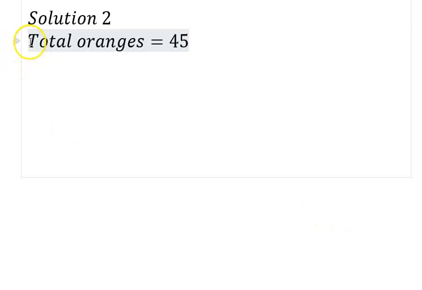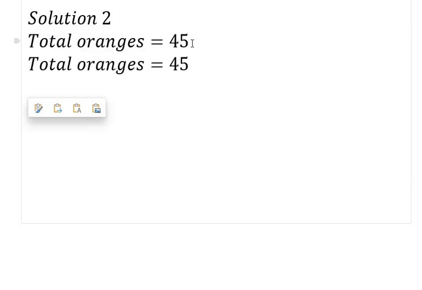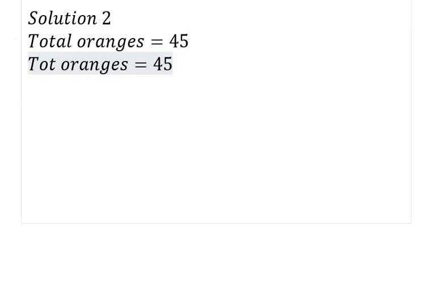So we now have bad oranges. We're told that we have bad oranges. How many of them? We have 10 of them.